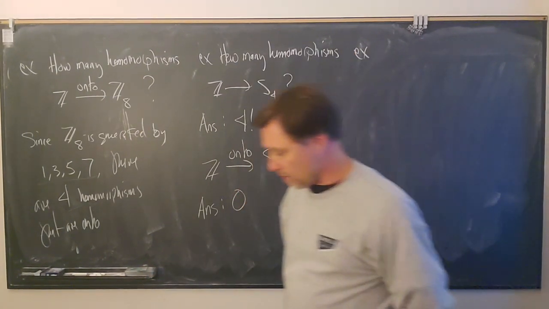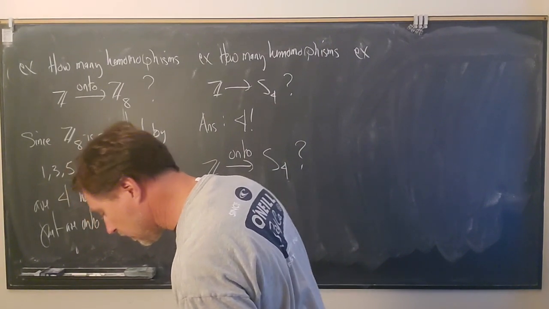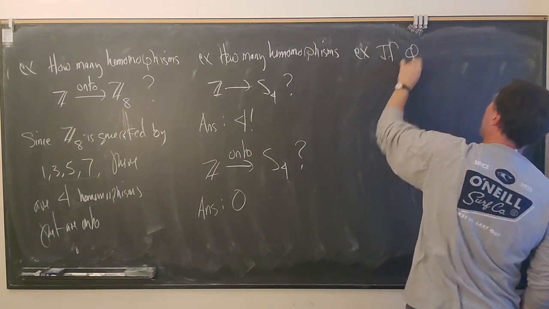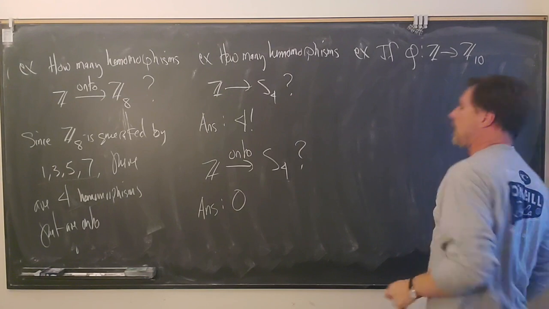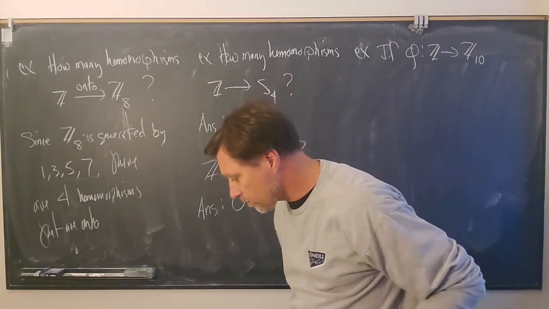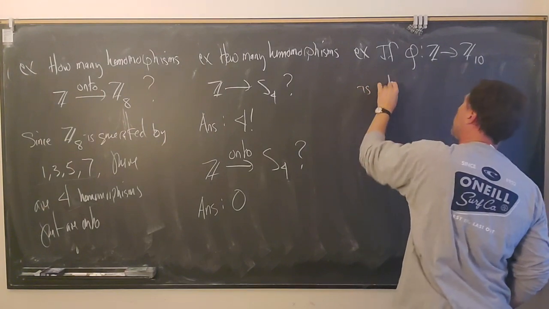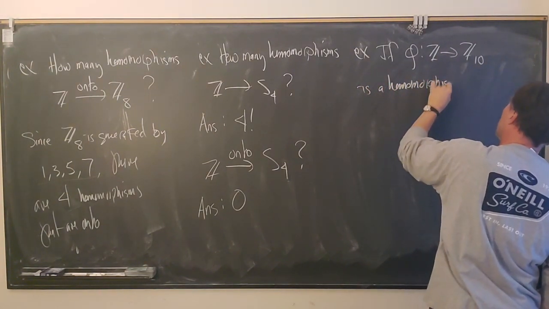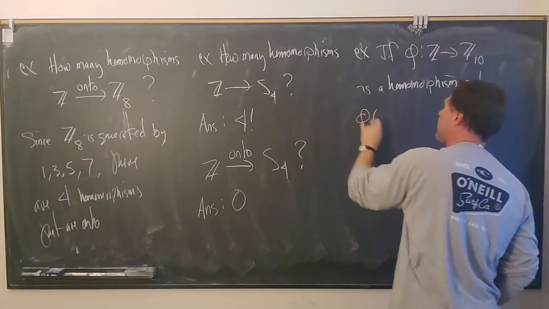Okay, next, we're going to do a few more examples here. So if phi from Z to Z10 is a homomorphism, and let's say that we happen to have some information.